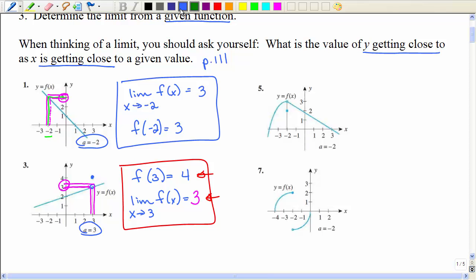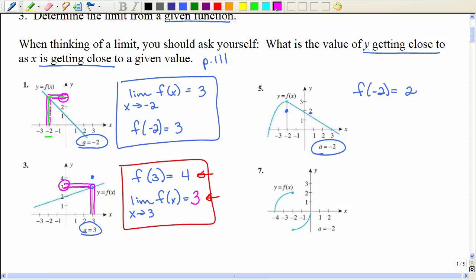Okay, look at problem number 5. Again, you will notice that there is a hole and a dot. And so we're looking at the limit as x approaches negative 2. Now when x equals negative 2, y is equal to positive 2. That's that dot right there.